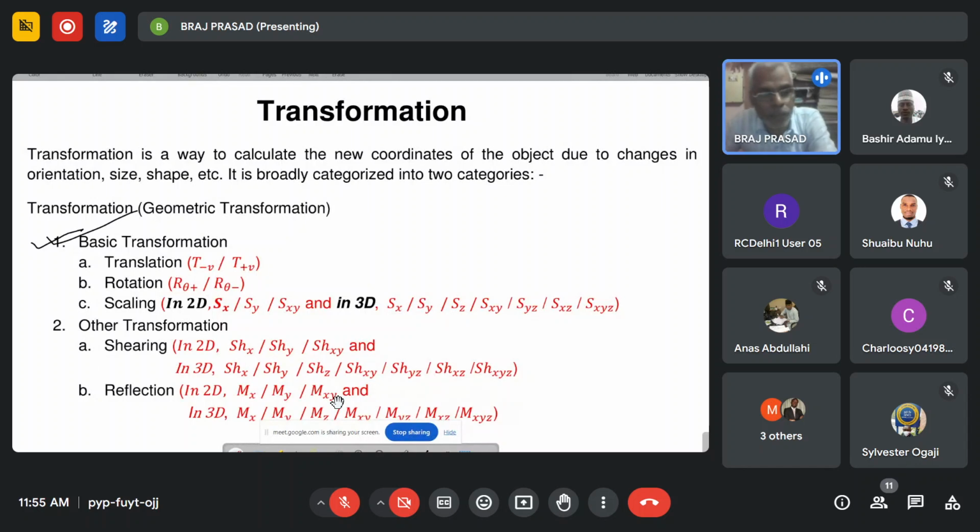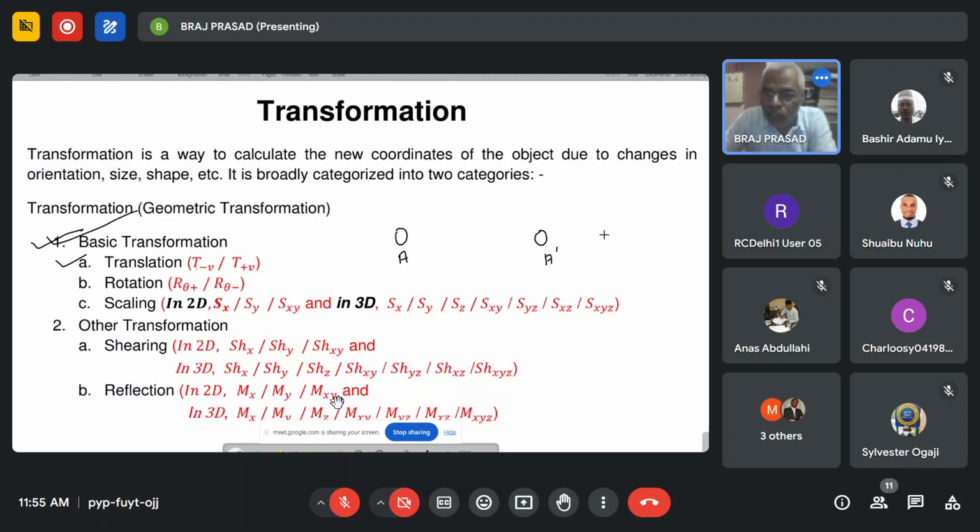In basic transformation, we will learn three different techniques. The first is translation. In the case of translation, the object will be shifted to another location. This is the original location of the object P or object A, and now this object is moved to this place. So the coordinates of this object will change, and this type of movement is called translation.